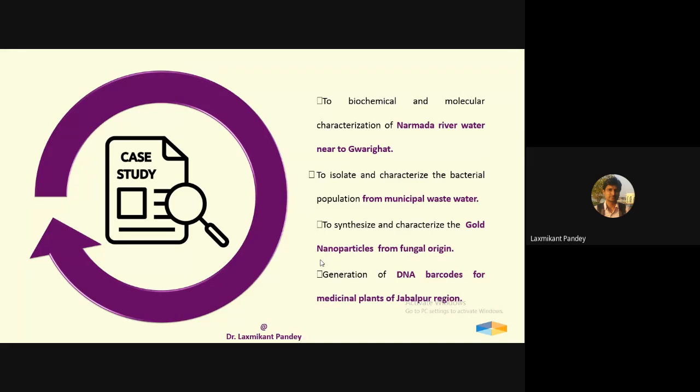Like one problem is the generation of DNA barcodes for the medicinal plants of Jabalpur region. By this particular project, students can go to different persons who are dealing in medicinal plants.